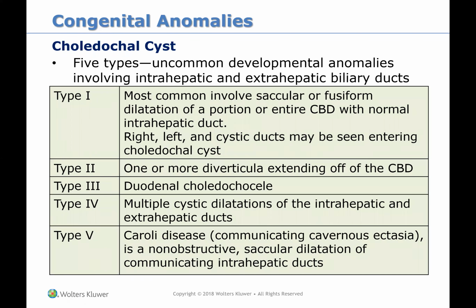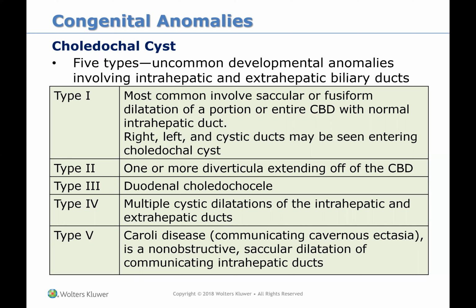So choledochal cysts, there are 5 types, an uncommon development of anomalies involving intrahepatic and extrahepatic biliary ducts. Type 1 is the most common. It involves a saccular or fusiform dilatation of a portion or the entire common bile duct with normal intrahepatic ducts. There's type 2, type 3, type 4, and type 5.